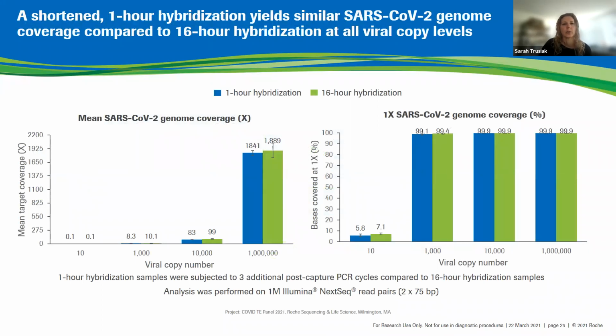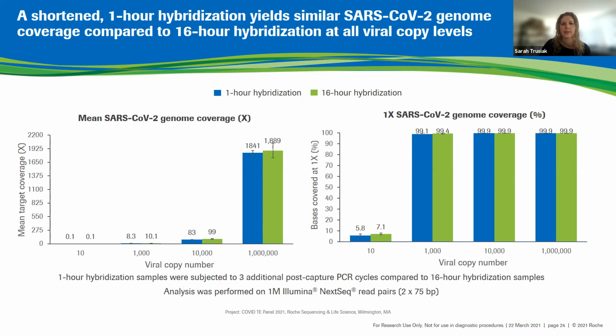We found that a shortened 1-hour hybridization did yield similar SARS-CoV-2 genome coverage to our 16-hour hybridization at all viral copy levels. Our 1-hour hybridization results are in blue and the 16-hour hybridization results are in green. We find there's a slight drop in mean target coverage from 10x to 8x at 1,000 viral copies, but pretty similar across the viral titration loads.